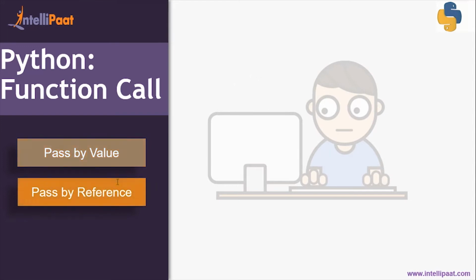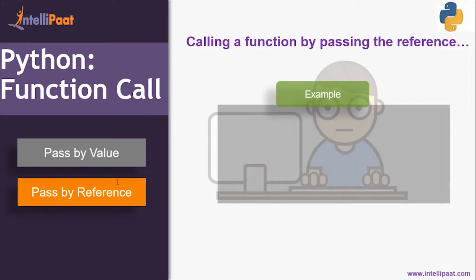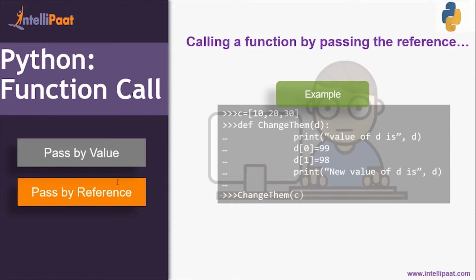Next we have is pass by reference. Calling a function by passing the reference. For example, so we have a list as C 10, 20, 30. So we are defining a function as change them and we are passing an argument d to it. Inside the function we have print value of d is d. D of 0, it's a numeric constant. We are defining it as 99.